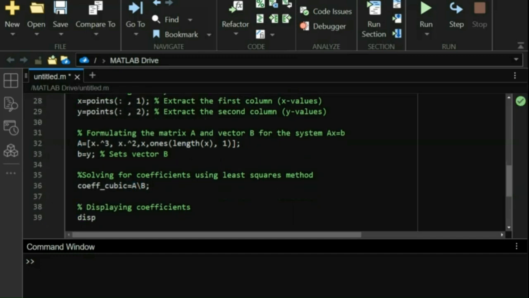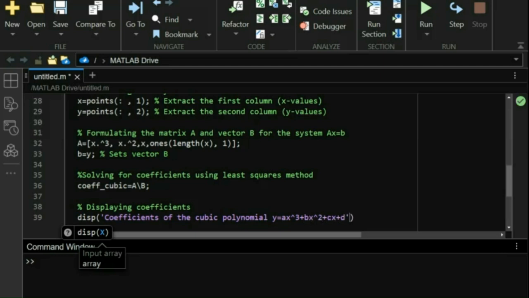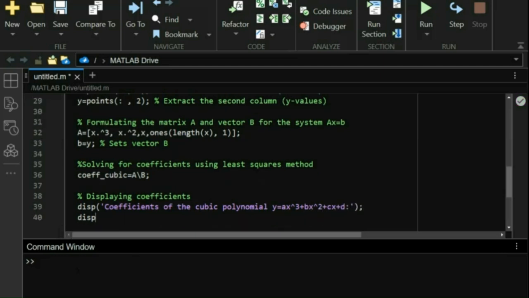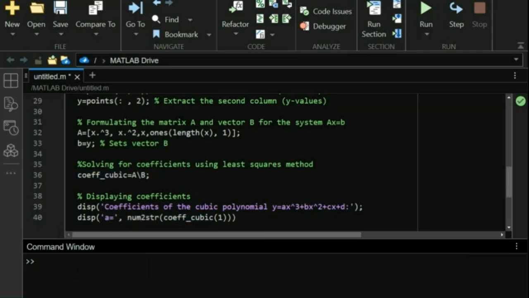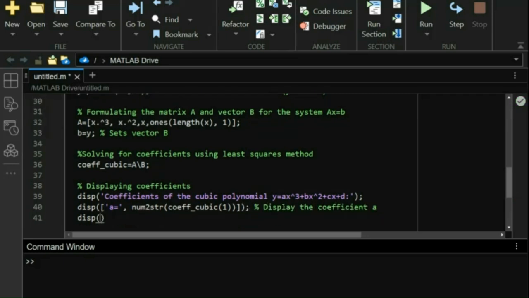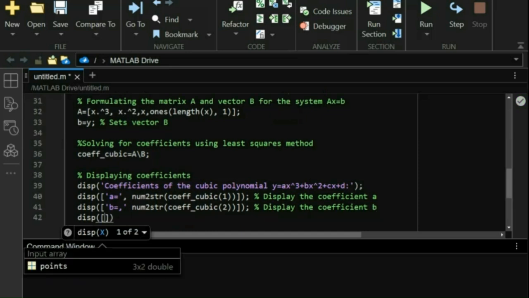Displays a message indicating the coefficients of the cubic polynomial. Displays the coefficient a. Displays the coefficient b. Displays the coefficient c.